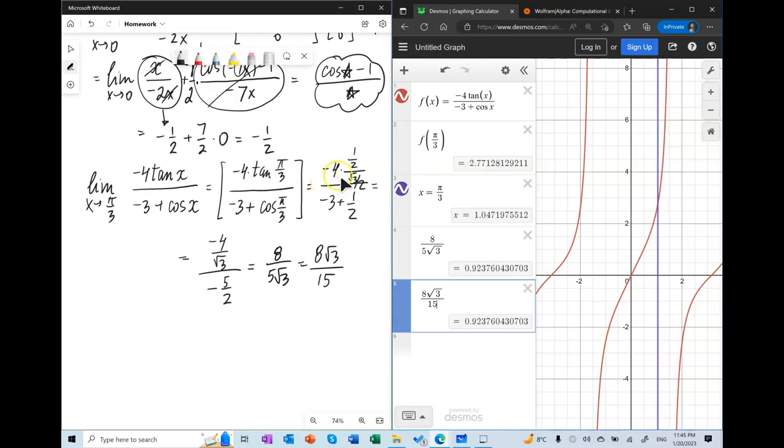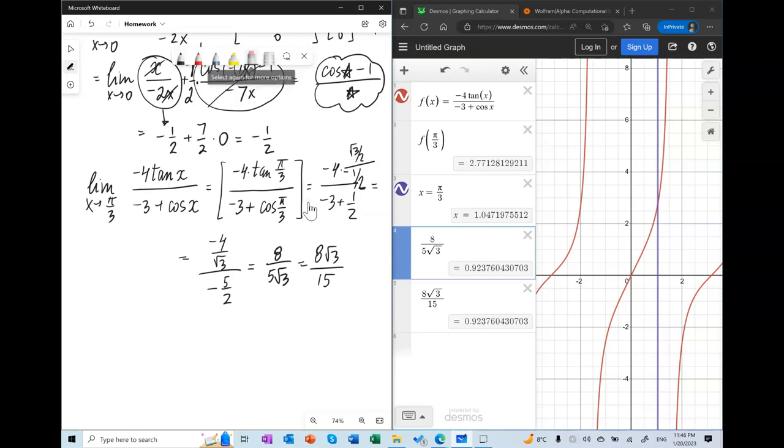Tangent of pi over 3 is, oh my god, I put cotangent. What I computed here was cotangent. So to find tangent, we do sine of pi over 3, which is square root of 3 over 2, and then cosine of pi over 3 is 1/2.